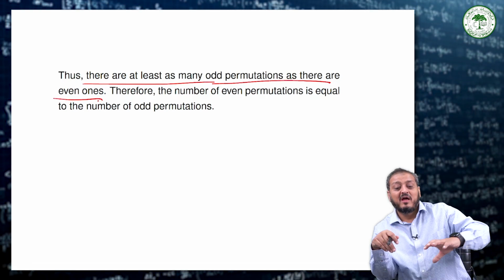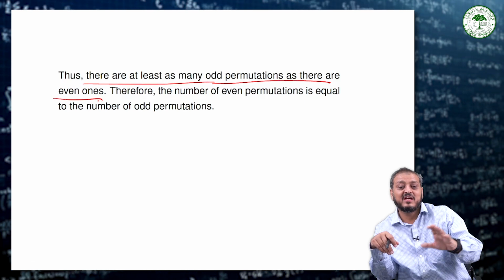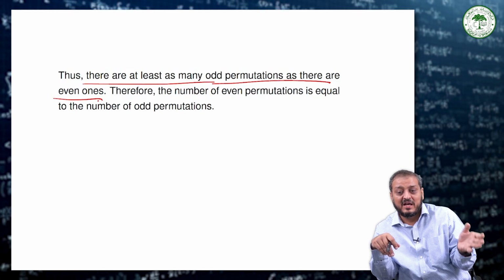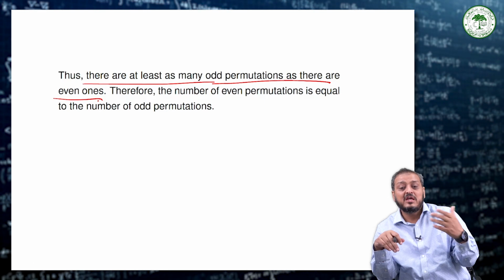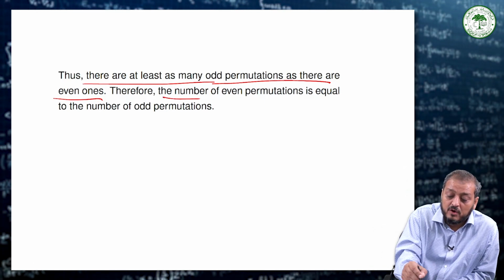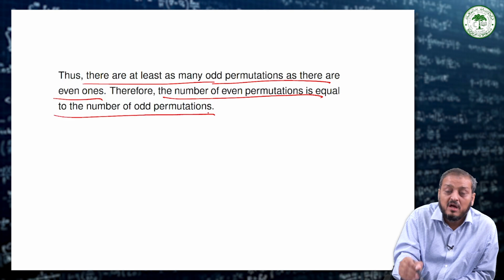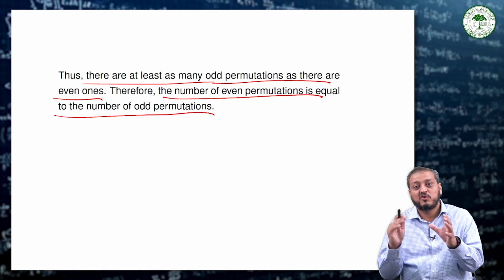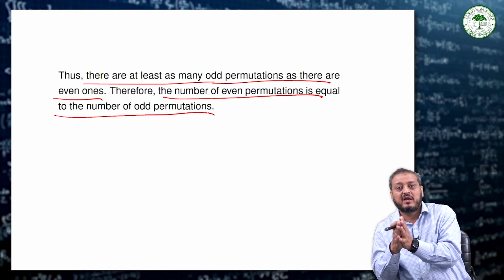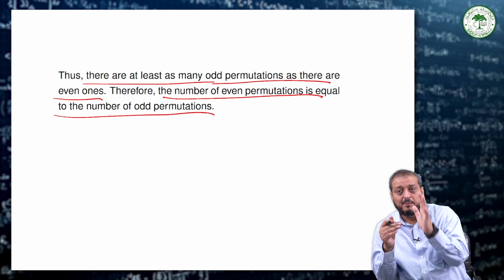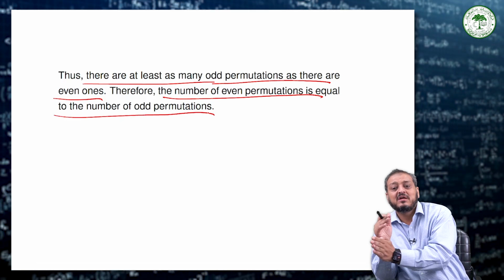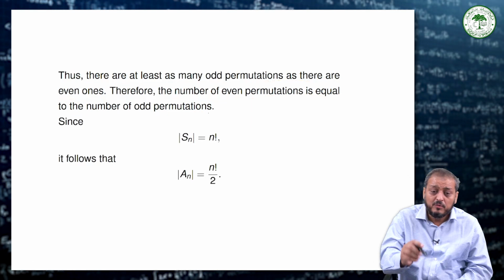So we have shown that there are as many even permutations as odd ones, and as many odd permutations as even ones. Therefore, the number of even permutations is equal to the number of odd permutations.